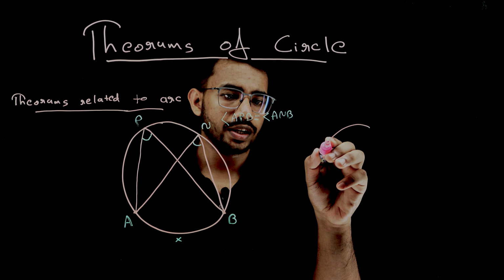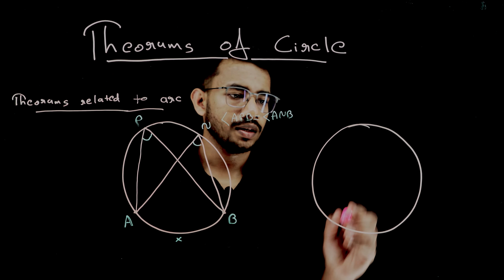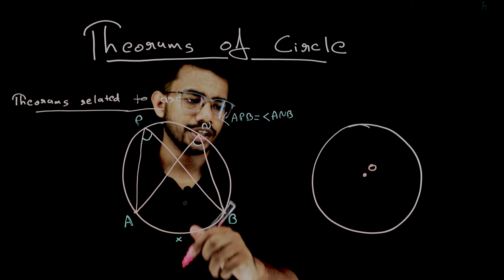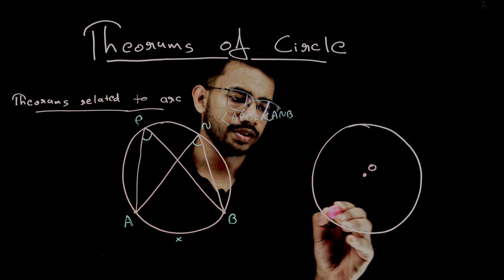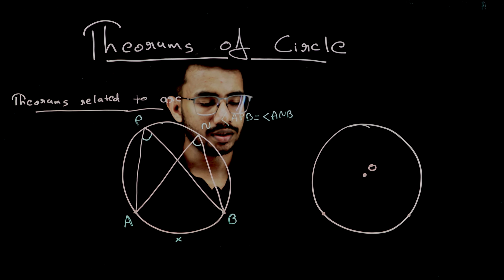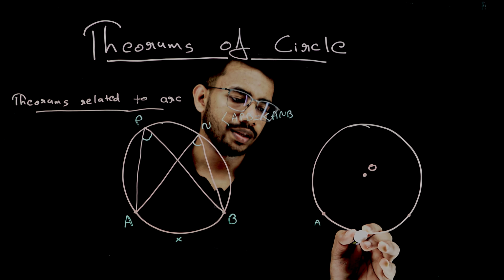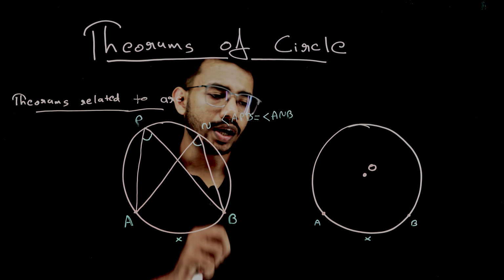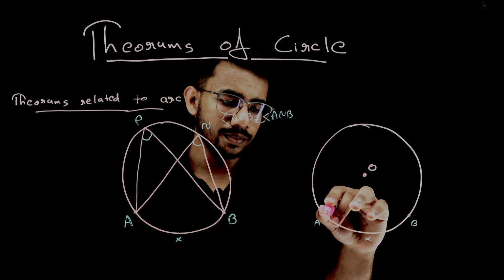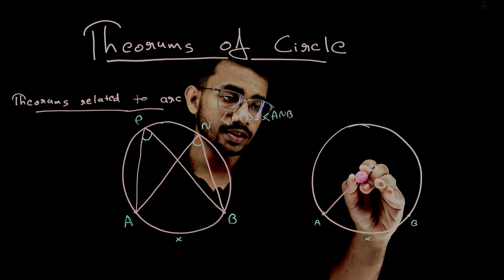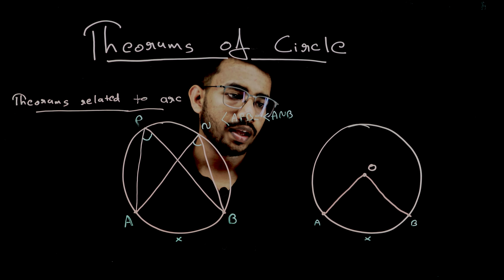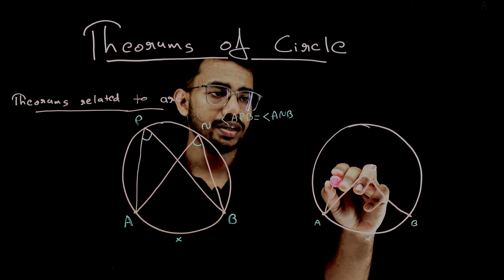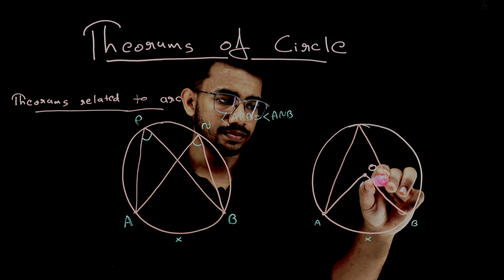Let's say I'm having a circle like this, and the center of the circle is at the point O, and in the same way I'm having an arc here, with the names A, X, P. What I'm going to do is form two angles, one angle being drawn from the arc at the center of the circle, and another one being drawn at any other part of the circle.